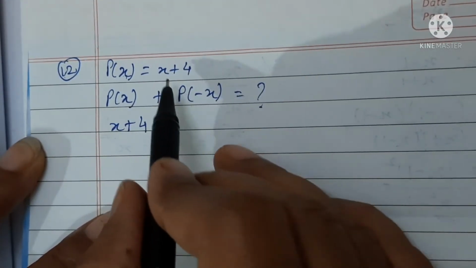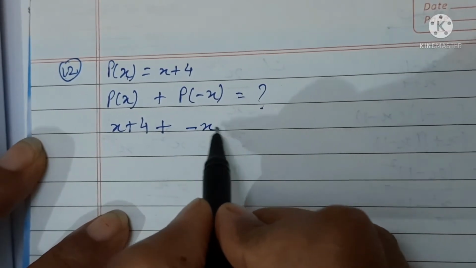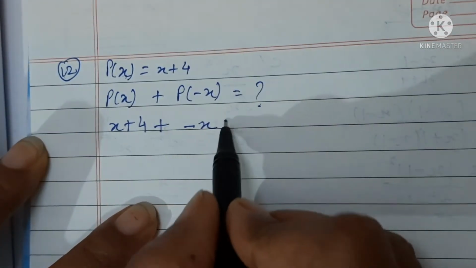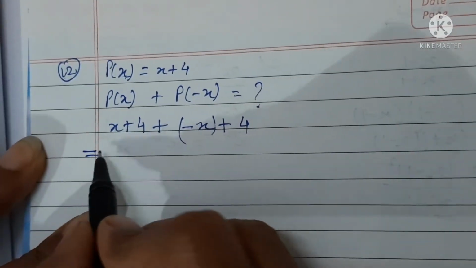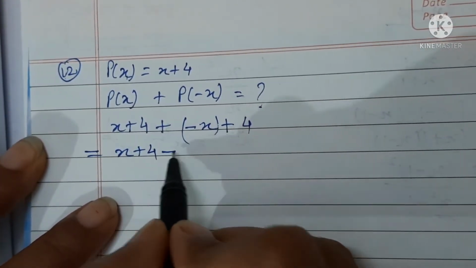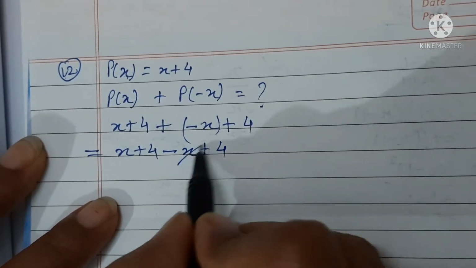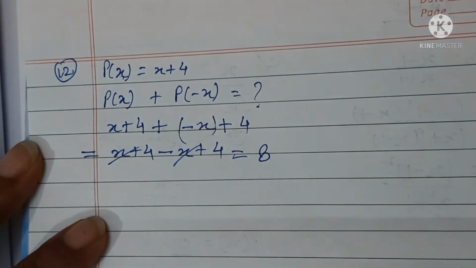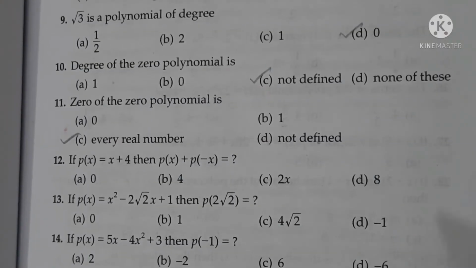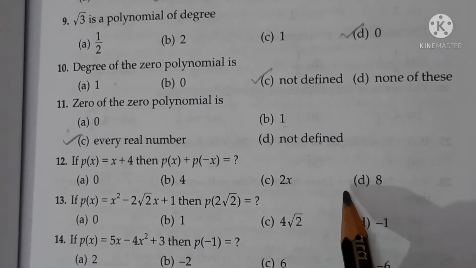So p minus x is equal to minus x plus 4. So this becomes x plus 4 minus x plus 4. You will get 8. Now option D is correct.